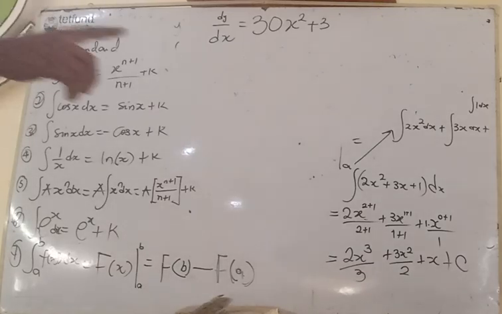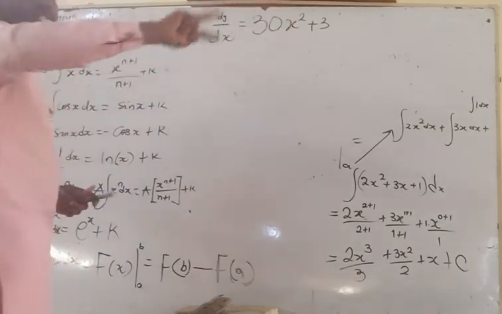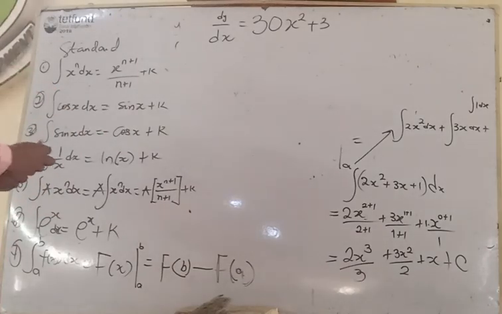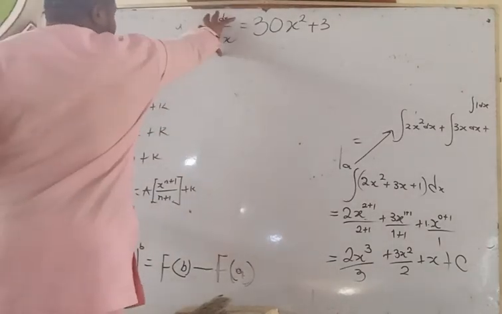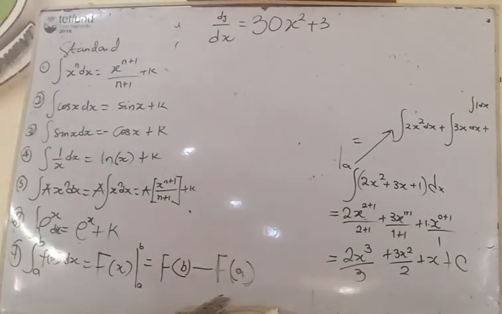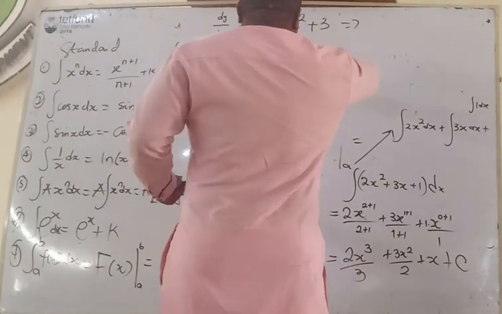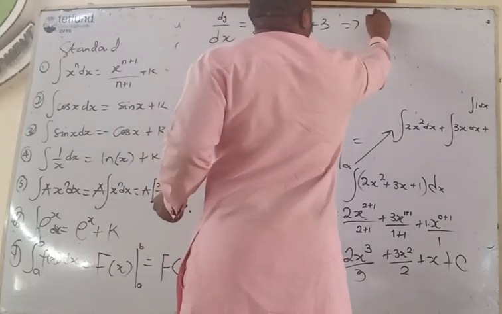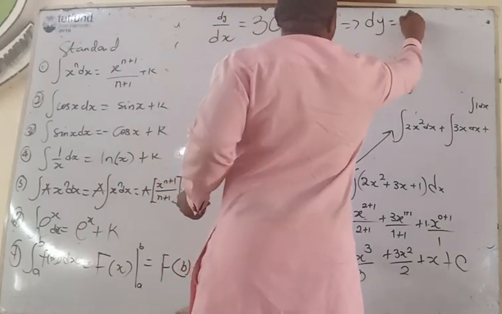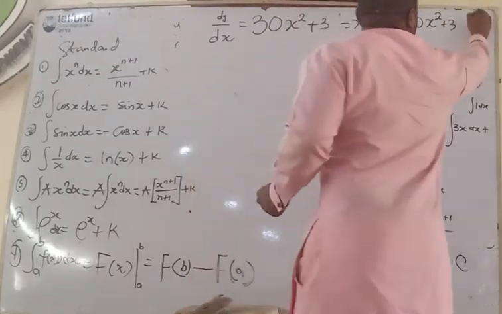Like I said, since we know that differentiation and integration are opposite, all I need to do is to integrate this function. Then I'm going to get y. Can I simplify this to become y is equal to the integral of 30x squared plus 3 dx?